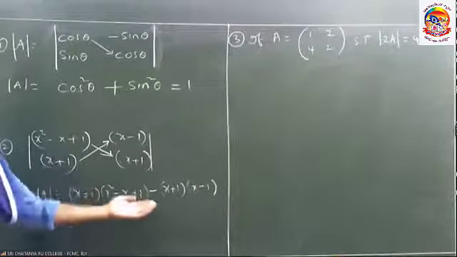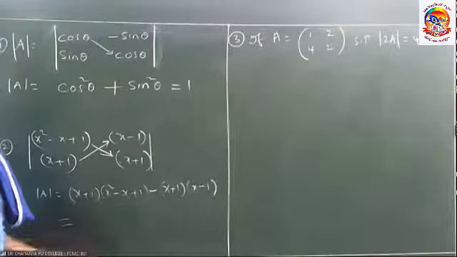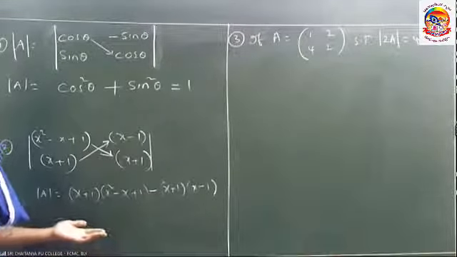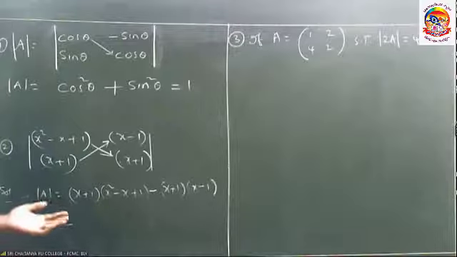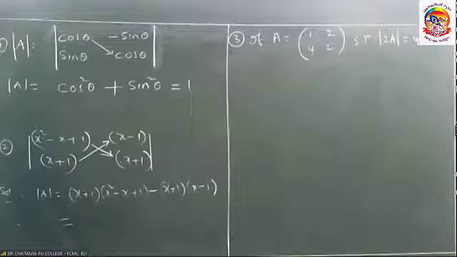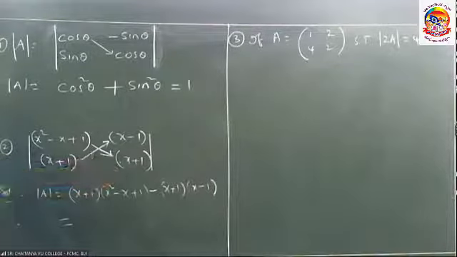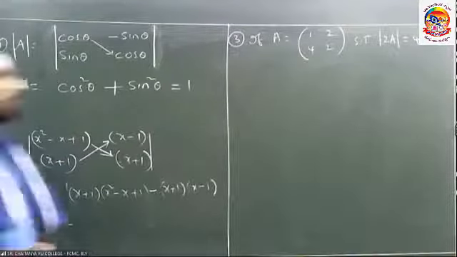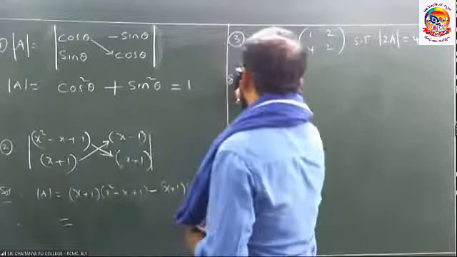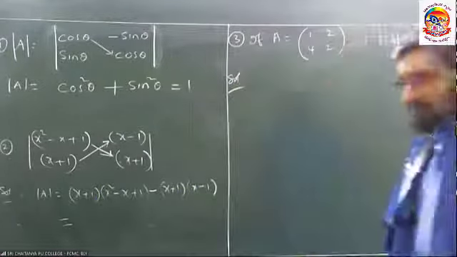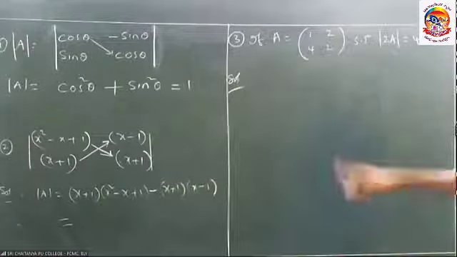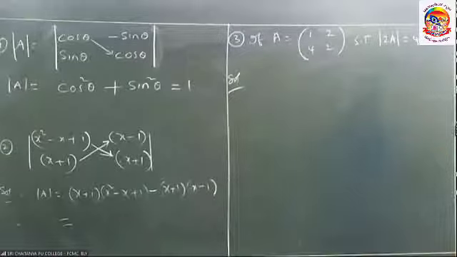Now simplify this one by multiplying, or if you know the formula, A plus B into A square minus AB plus B square is equal to A cube plus B cube, and A minus B into A plus B is equal to A square minus B square. After copying that one, copy this question. If you know how to do it, start doing.